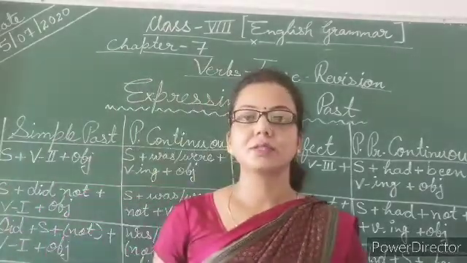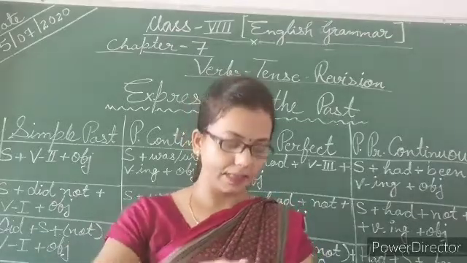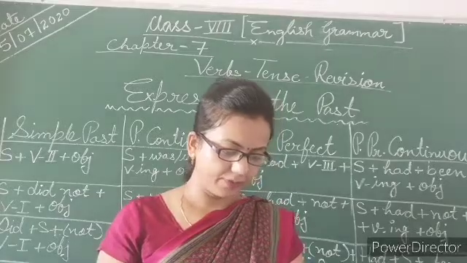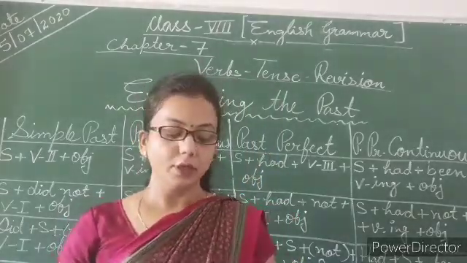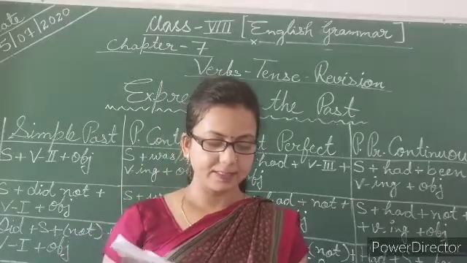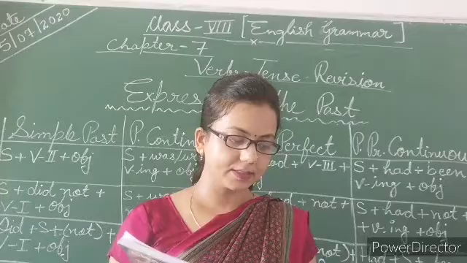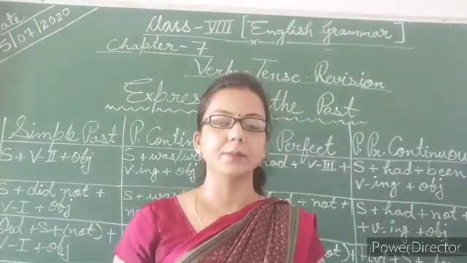Now our last category is past perfect continuous. Have a look. When we use past perfect continuous, we use it to express an action in the past that continued for a duration till another action in the past.